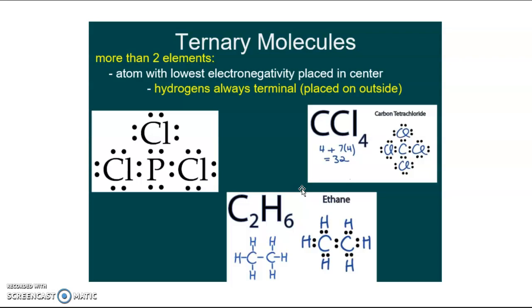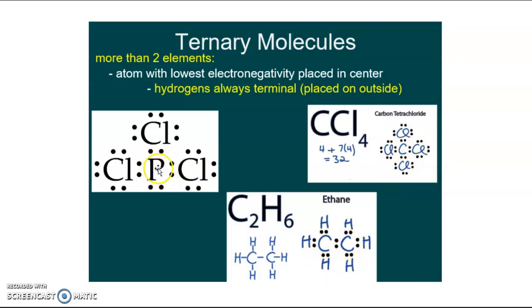For ternary molecules, more than 2 elements in each molecule, the atom with lowest electronegativity, and when we say electronegativity, by now the elements that are more to the left are less electronegative, is placed in the center of the molecule and then surrounding the rest of the atoms.